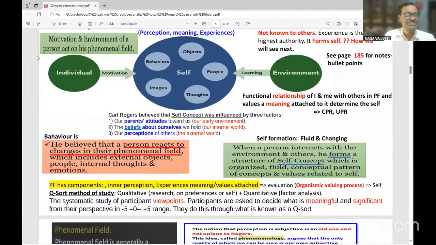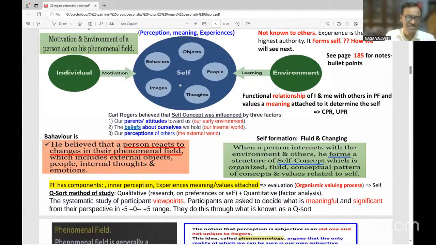Once this motivation comes internally regarding physical and physiological needs, and environmentally you are learning from others and society, then you create certain images and understanding about yourself and others. How others understand you, you understand.